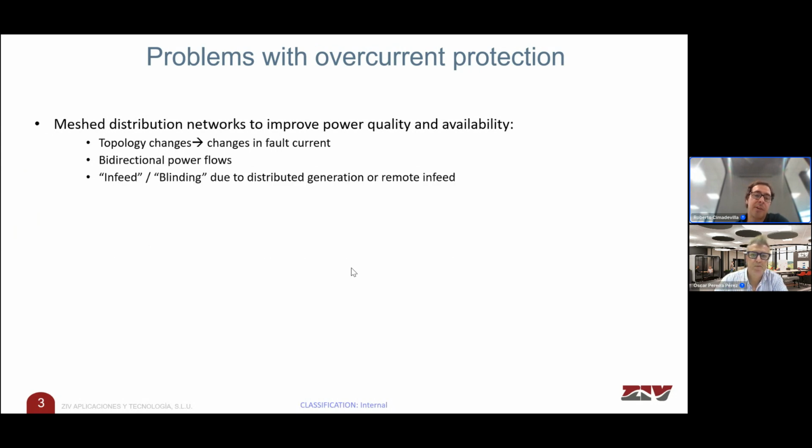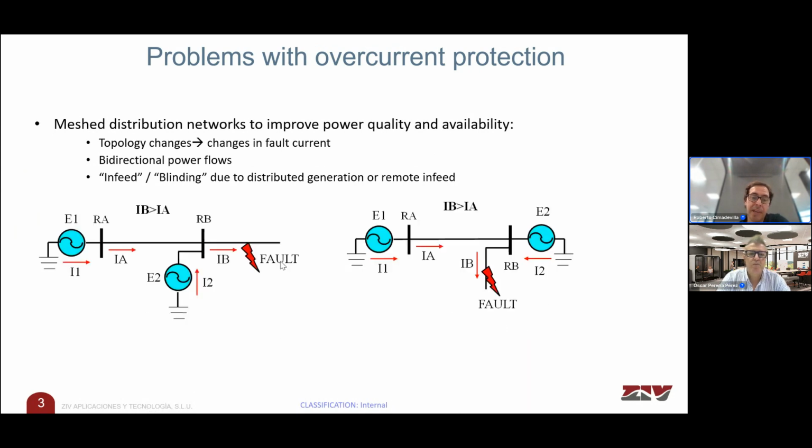And we have in-feed or blinding due to distributed generation or remote in-feed. Here we can see in-feed from a distributed generation and in-feed from a remote end.